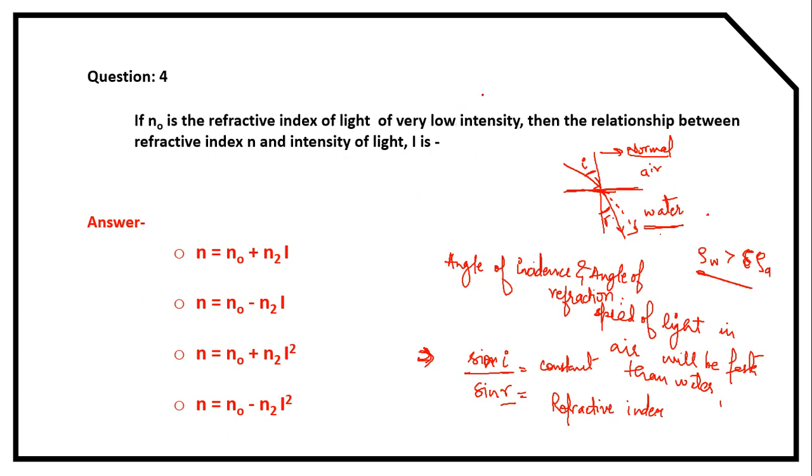So we come to this relation, which relates the final refractive index, the refractive index of the beam of light, and the intensity of light. If you want to find the resultant refractive index, you should follow this equation. Here n naught is the refractive index of the incident light, n2 is some constant multiplied by I, and I is the intensity of light.